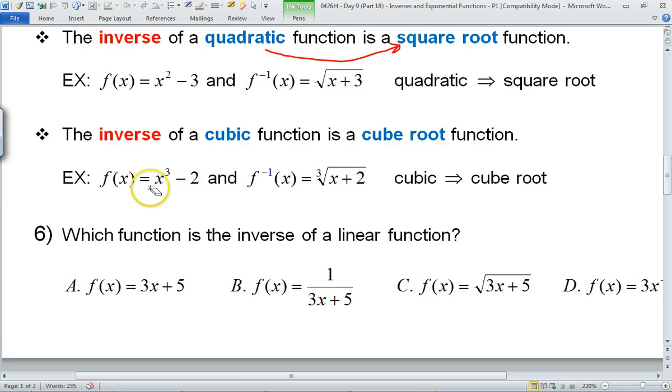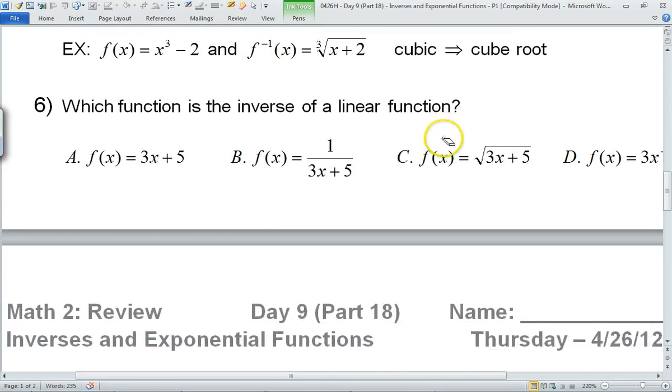For example, if I started off with the function x to the third power minus 2, if I were to switch x and y and solve for y, I would wind up with the cube root of x plus 2. So a cubic function will always turn out to be a cube root function. So use those notes to help you answer number 6.